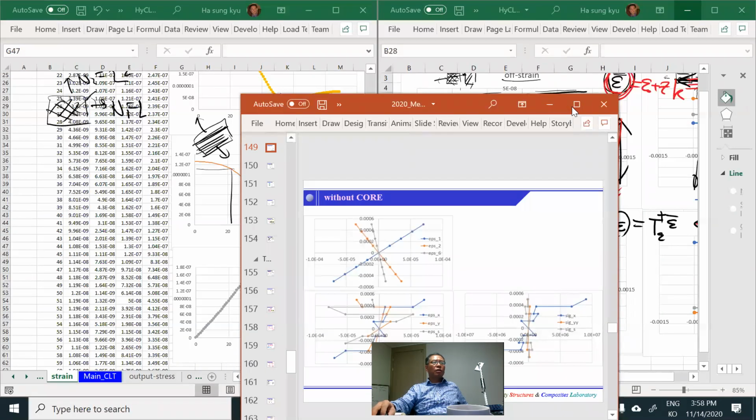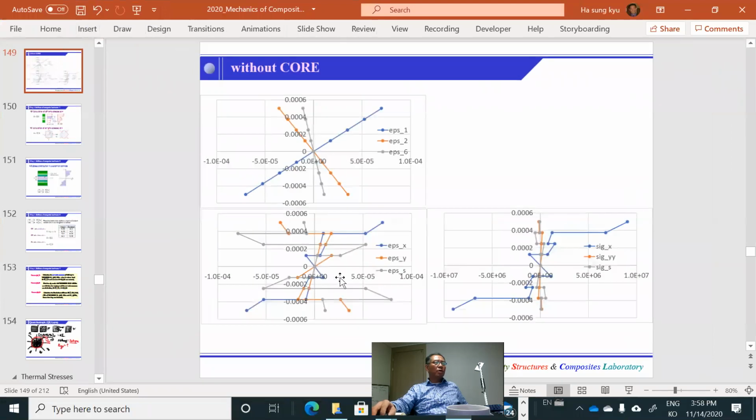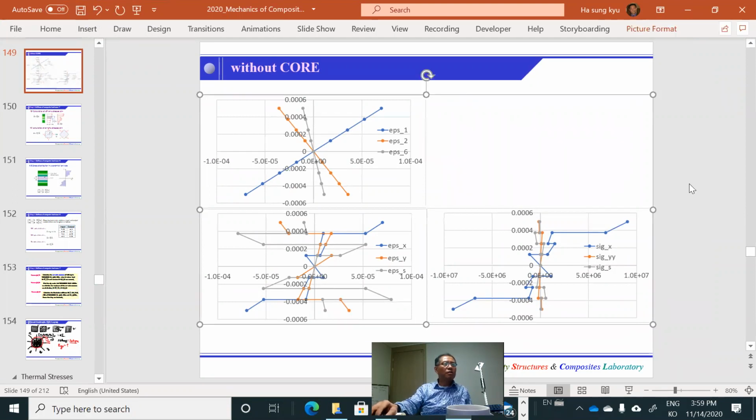Again, depending on the layup sequence, we have so much complicated strain, stress, and so on. Which one will fail? Which one do we have to take care of? We don't know. It's complicated. That's why we will have a failure theory.